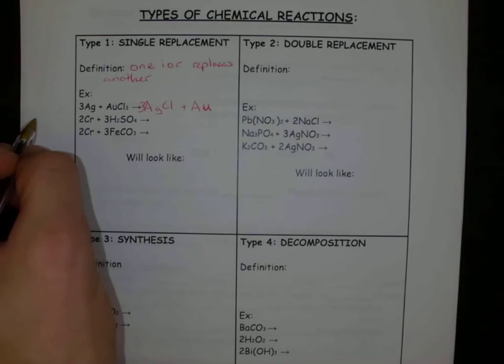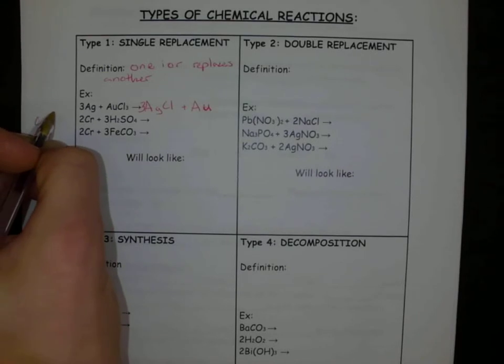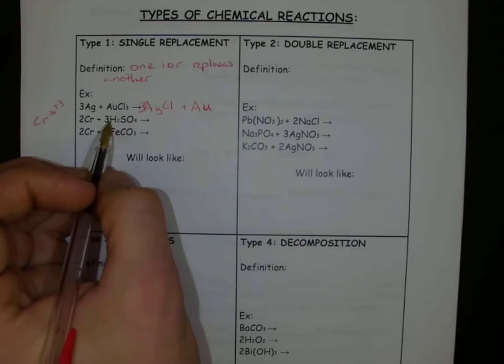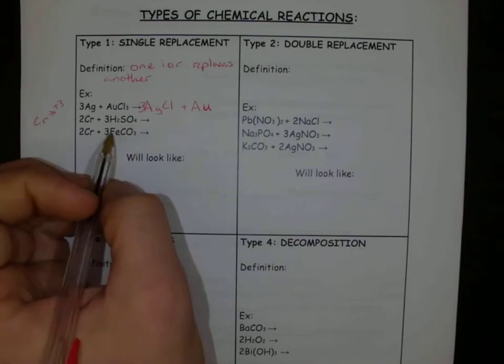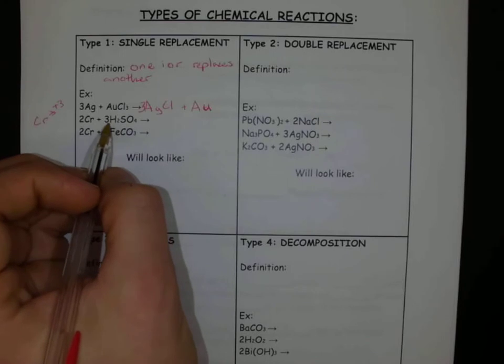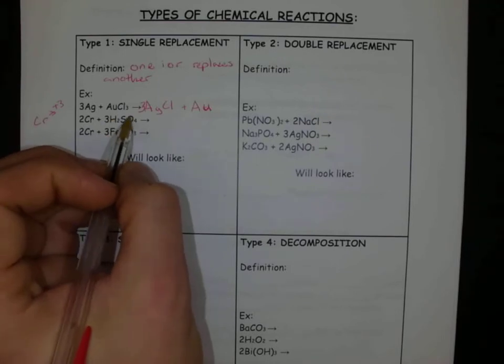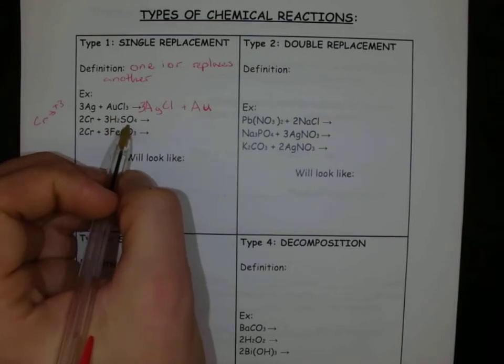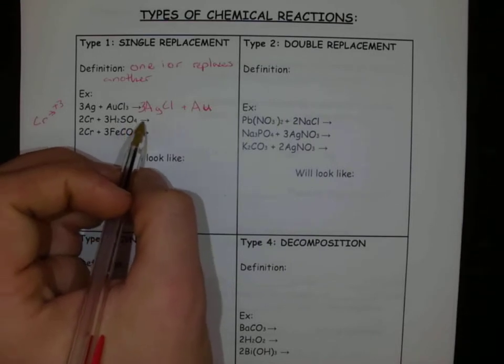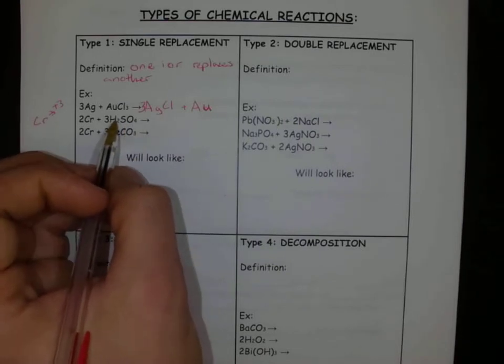So if chromium is going to go to a +3, what is my positive ion over here? My positive ion is my H+, because my SO4 is my polyatomic. SO4 is sulfate with SO4 2-. Each of these hydrogens has a +1.